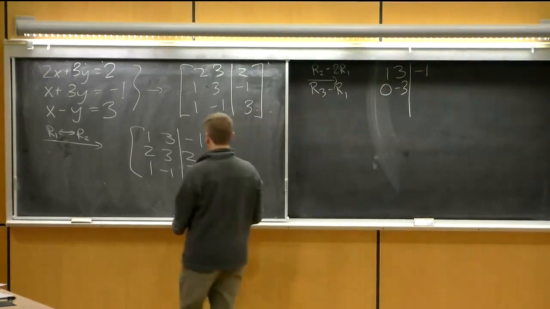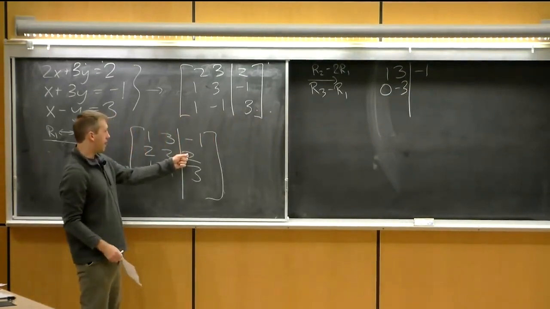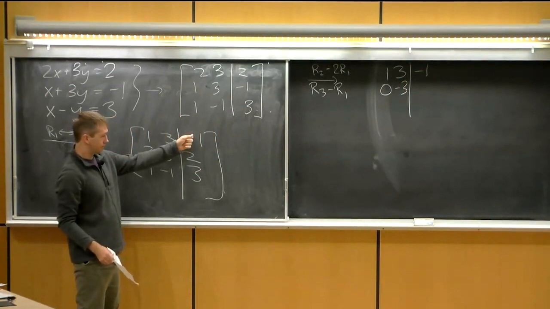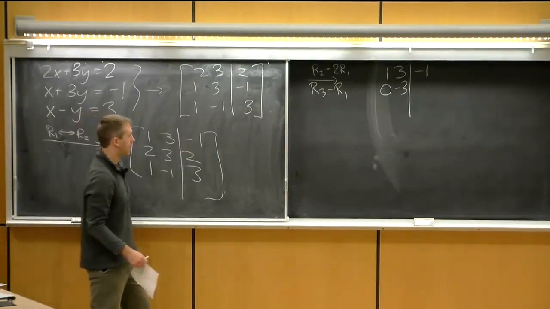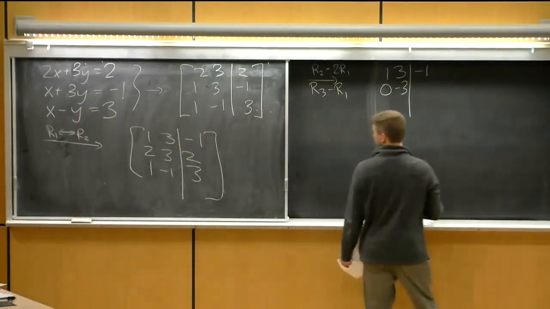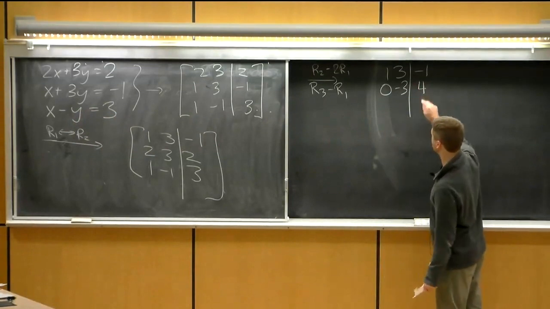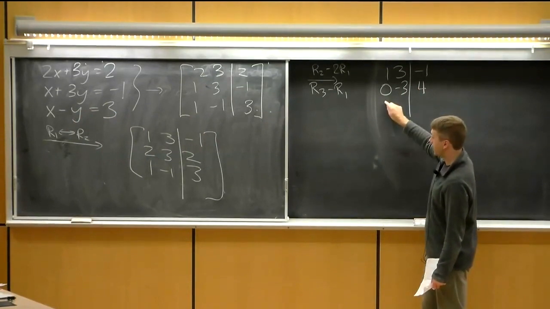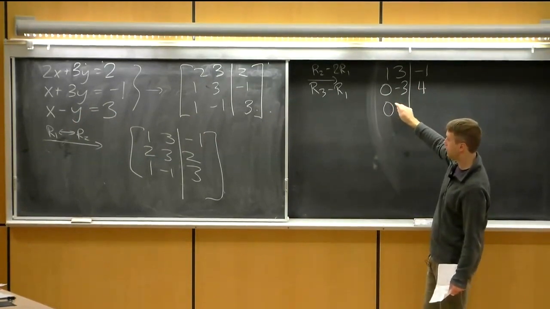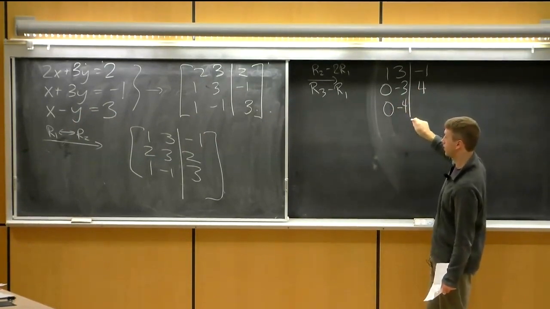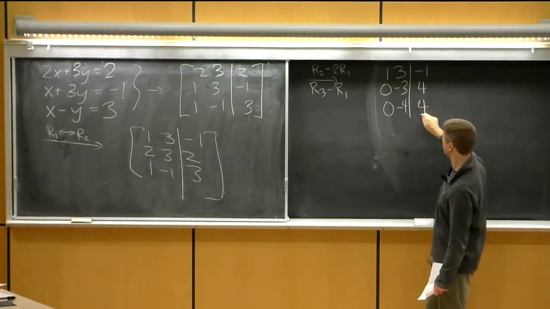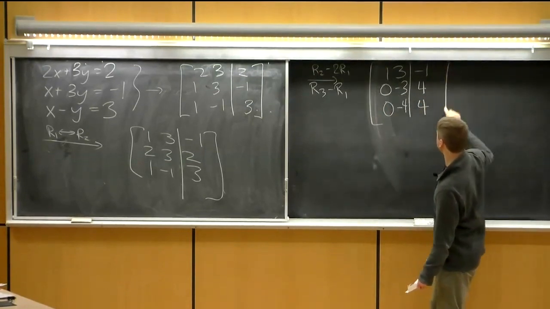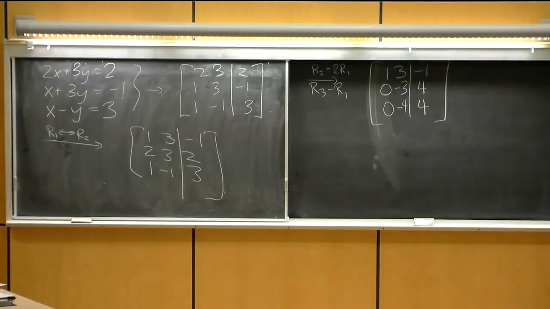Be careful with negatives, right? 2 minus 2 times -1 is 4, right? Row 3, 0 minus 4, -4. Does this look right to everybody? Okay, just arithmetic.